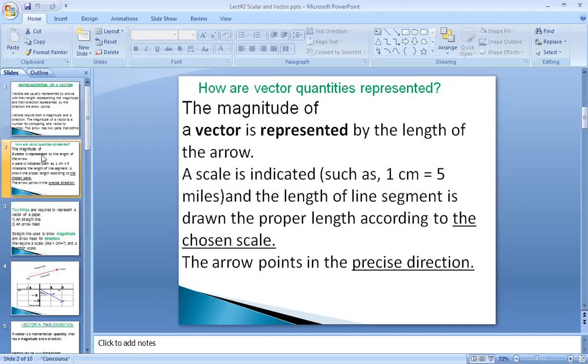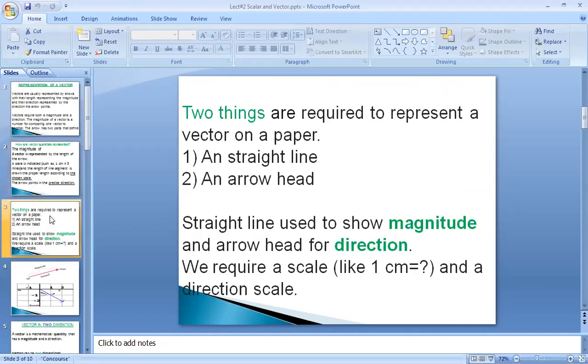It is very clearly mentioned in this slide that to represent a vector we require two things: a line segment and the arrowhead. So students, in this slide I finally summarize whatever knowledge is required for the representation of a vector.